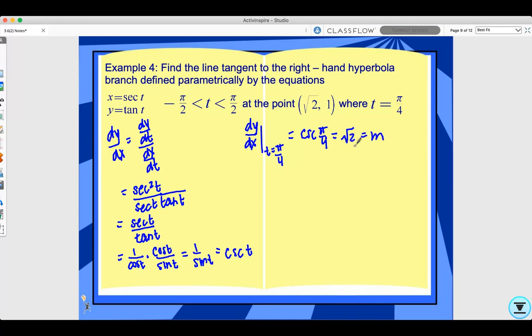So I have my slope, square root of 2, and my point, square root of 2, 1. So it would just be y minus 1 equals square root of 2 times x minus the square root of 2. And if you wanted to simplify this further, it would be y equals the square root of 2 times x minus 1.